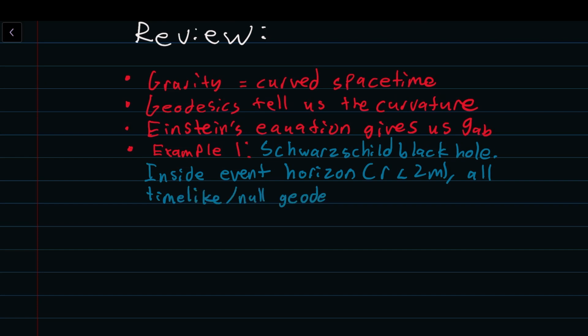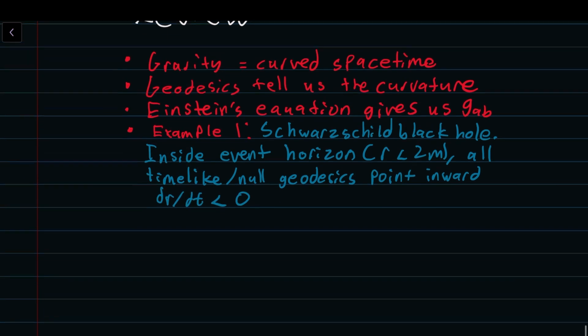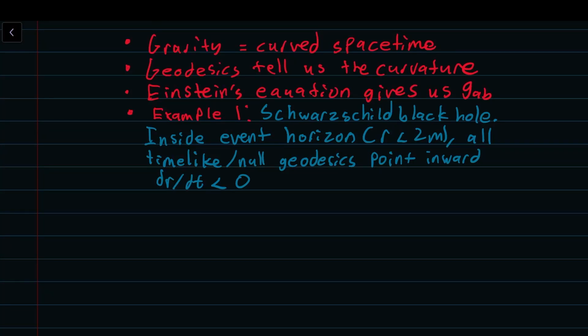And remember that in both of these cases, we restricted ourselves to time-like or null geodesics because we're interested in particles or photons, that is, things that actually exist, rather than something that moves faster than the speed of light, which could potentially escape from a black hole, but is not something we've ever observed.